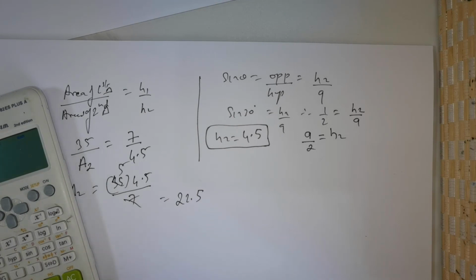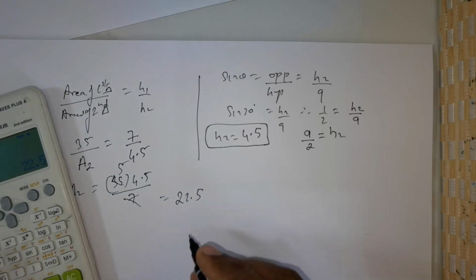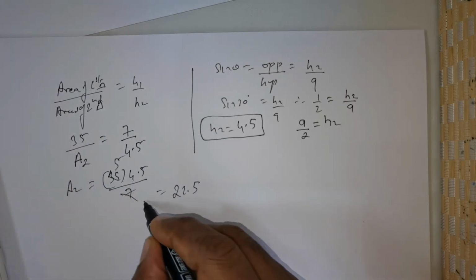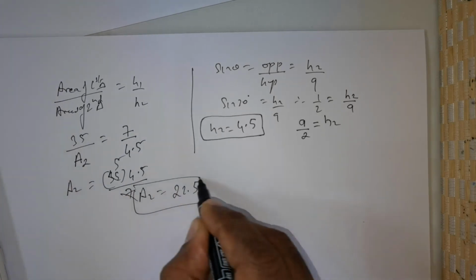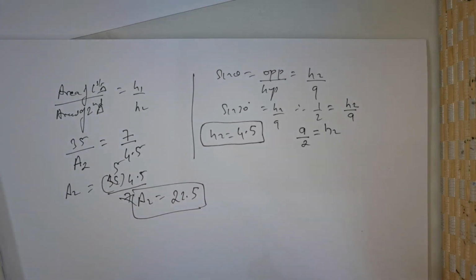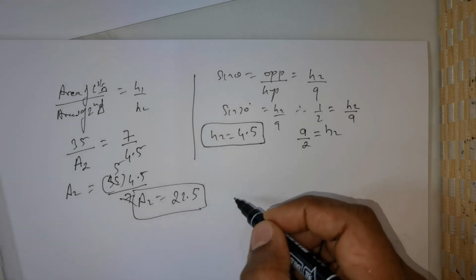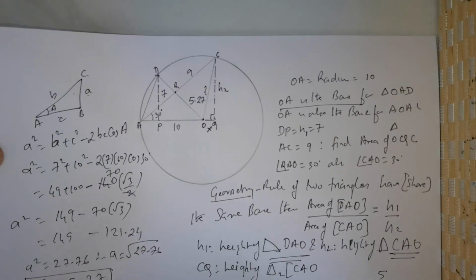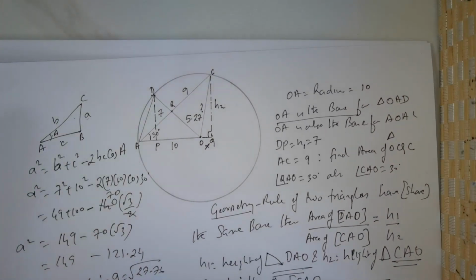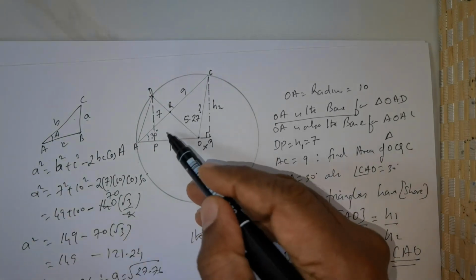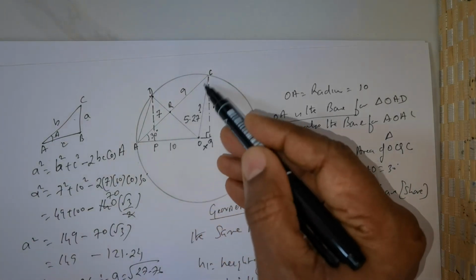So 4.5 multiplied with 5, that is 22.5. This is the second triangle area. So we have got the area of the second triangle. This itself can be a question, right?